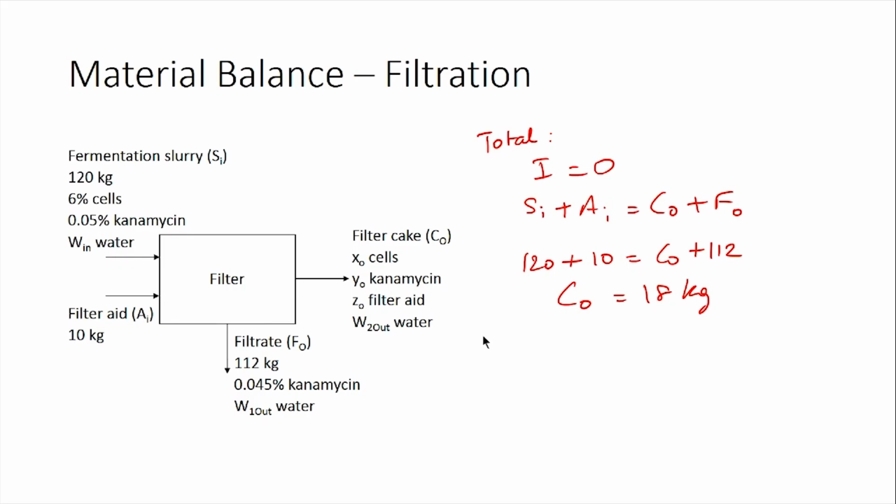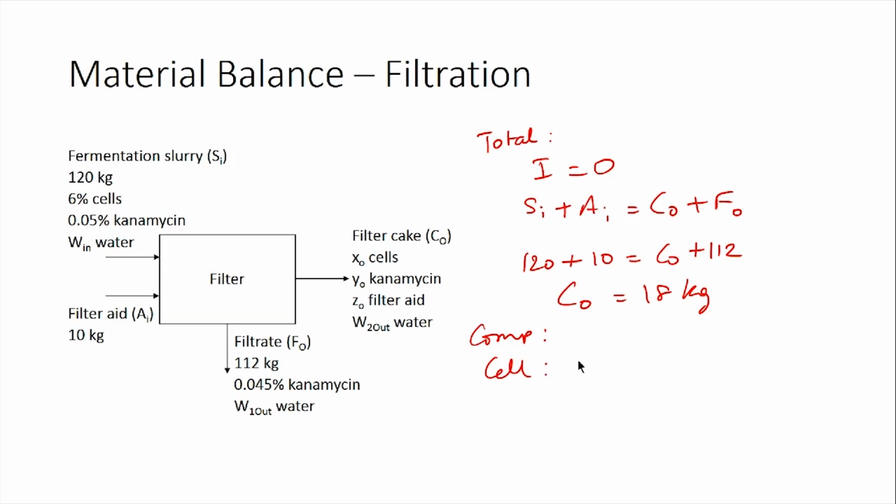Now we can then write component balances. The component balance we can start with would be the cell balance. Cell is entering only through the fermentation slurry and is leaving only through the filter cake. We do not know the amount of cell which is leaving through the filter cake, we have just written the mass to be X0.